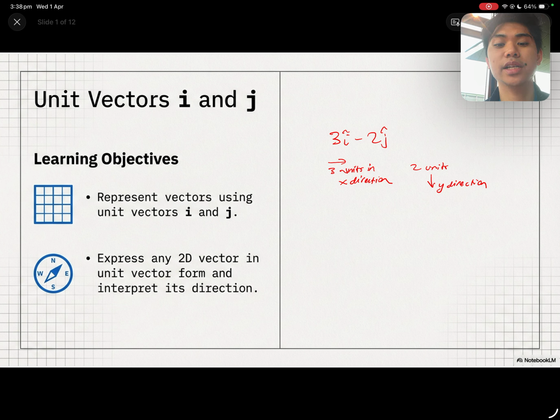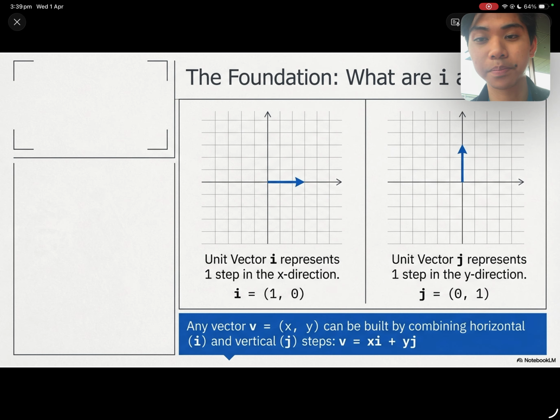That misunderstanding leads to errors when sketching vectors or performing operations. In this video, I'm going to clearly explain what the unit vectors i and j represent, how to write vectors in component form, and how to interpret and use them correctly in vector problems so you can avoid common mistakes and build a strong foundation for the rest of the topic.